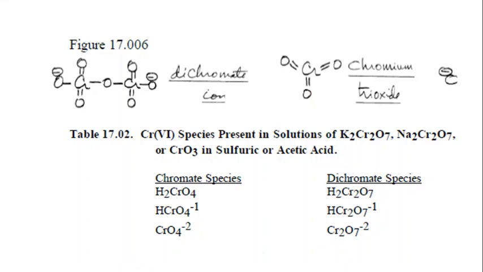You can also say that K2Cr2O7 is exactly the same in structure as Na2Cr2O7, because sodium dichromate or potassium dichromate, only the metal has been changed. So both of these have been used extensively as oxidizing agents in various reactions.